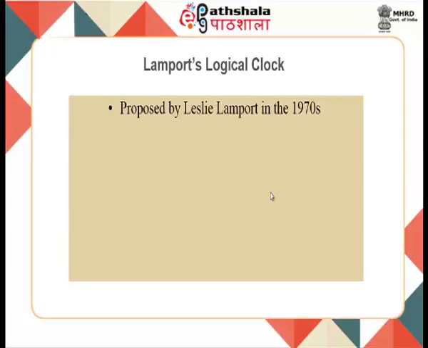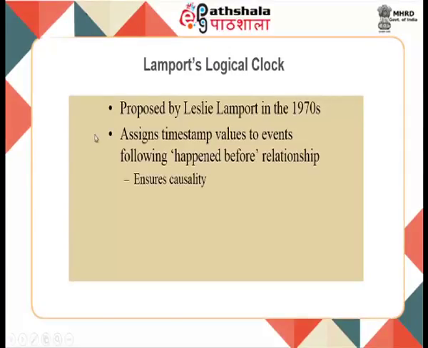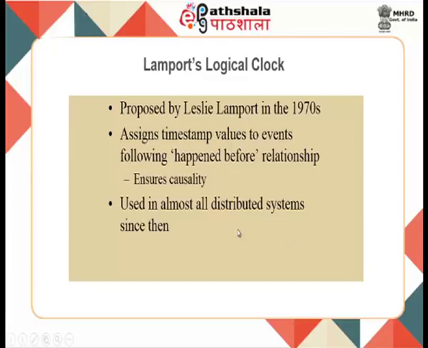Now, using this happened-before relationship, Leslie Lamport in the 1970s framed a mechanism to order events. We assign a timestamp to every event using this happened-before relationship, ensuring causality. Almost all distributed systems use some form of logical clock.